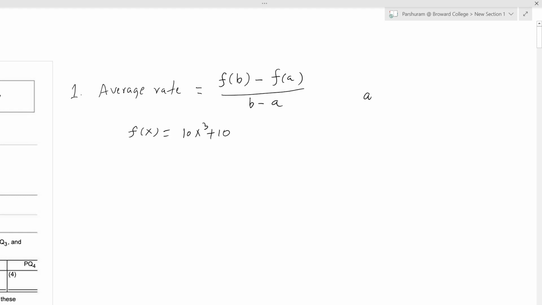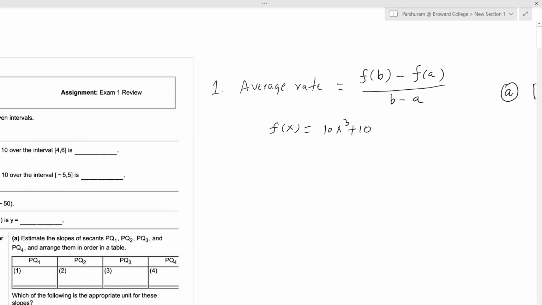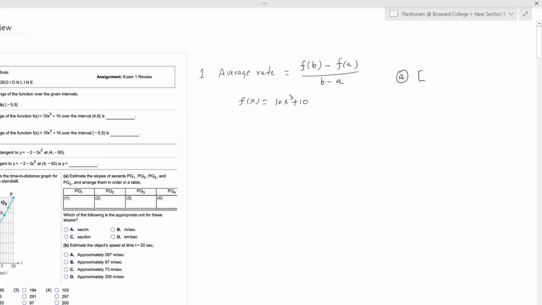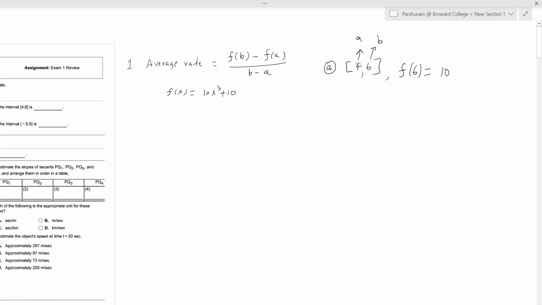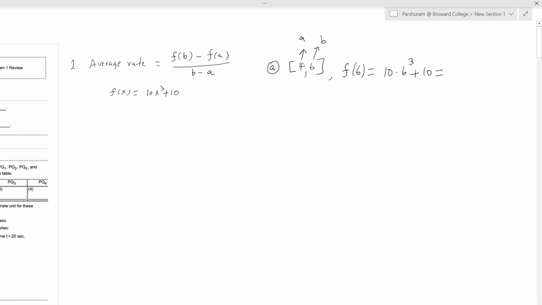For the part A the interval is given 4 to 6, so that means this is the value of A and this is the value of B. So we just have to find out f of B, which is f of 6, and you can find this value by substituting x equals 6 in the given function, and that is 10 times 6 cubed plus 10, which is 2170.